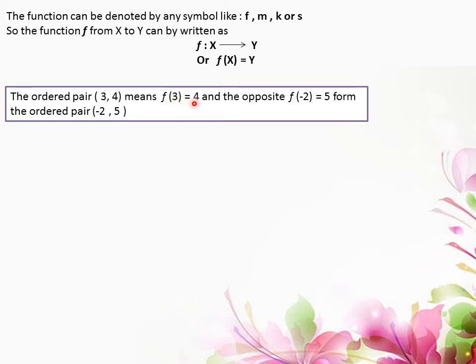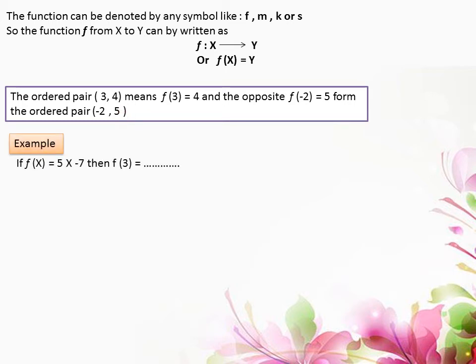Now we can form an ordered pair from the function, because the function expresses a relation between two elements, and the opposite. F(-2) = 5 forms the ordered pair (-2, 5). If we substitute in any function by -2, it will be 5.